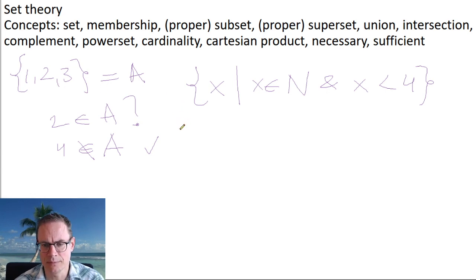The thing about sets is that they're individuated based on their members, meaning two sets are the same if and only if they have the same members. This is sometimes called the Axiom of Extensionality. With sets, what's important is what's in them, not what they're called.